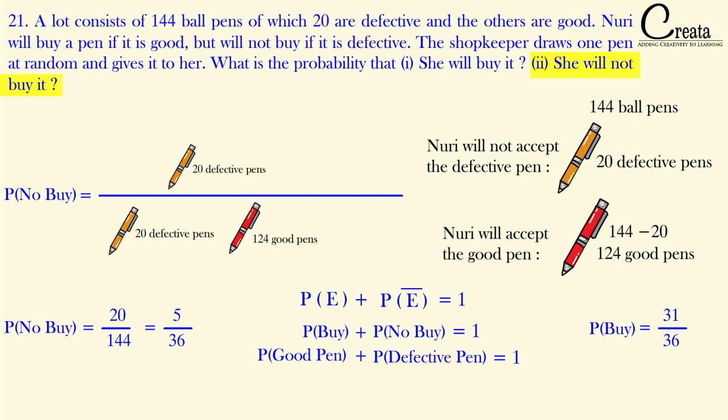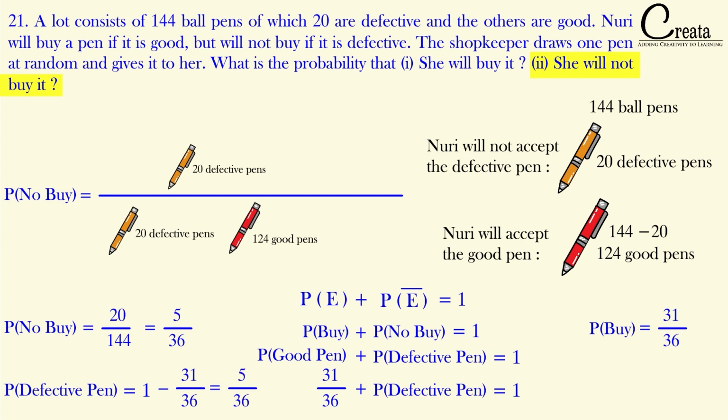Okay. So in the first part, we have got the probability of the first case as 31 by 36. So we can easily calculate the second one as 1 minus 31 by 36, which is 5 by 36. Our answer is matching, so we can use either of the two approaches. But you should know each and every approach, so in the middle of the exam, you will not be in trouble. So we are done with question number 21.